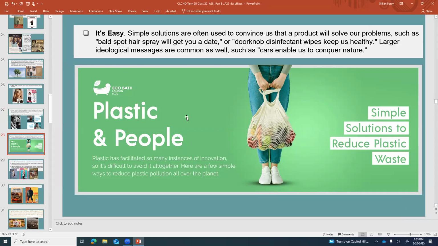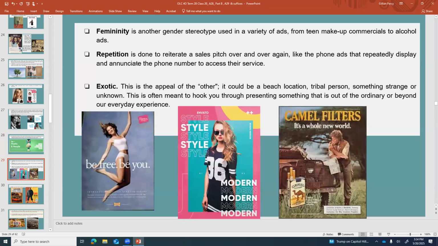But it kind of is put out by, let's see, EcoBath. "Plastic has facilitated so many instances of innovation, it's difficult to avoid it altogether. Here are a few simple ways to reduce plastic pollution on the planet." I kind of feel skeptical that that's why they made this, right? It's one possibility, but I don't feel like that's the main reason.